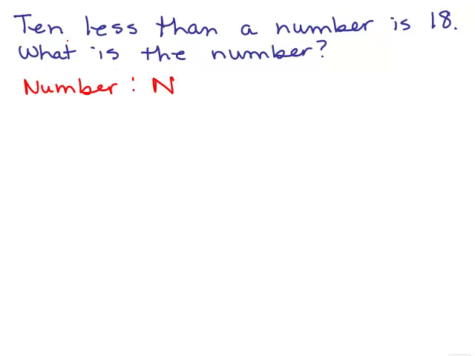Now this is a little bit tricky. 10 less than a number. That means the number is bigger, right, than 18, because I'm going to subtract to get 18. All right? So 10 less, most people do this incorrectly and write 10 minus n.